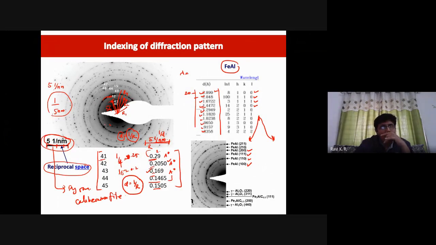That way, you always get either one or two. First or second pattern, you try and automatically you will get a ratio of some other plane. Look at the intensity. The second one is showing the highest intensity. Generally, the first one or second one must have the highest intensity.